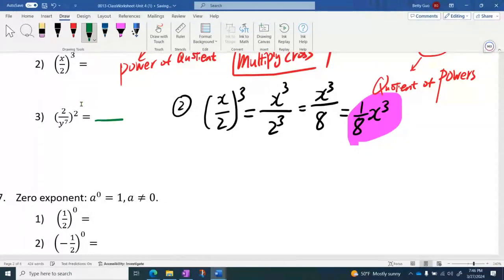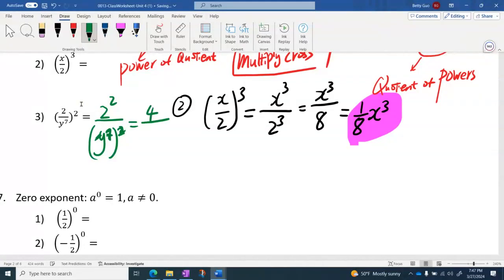When we dismiss the parentheses, the second power is going to go with the numerator and the denominator separately. So we can apply the second power on the numerator and apply the second power on the denominator. And don't forget to use the parentheses to frame y to the power of 7 to indicate that's one whole thing and as the base of the square.